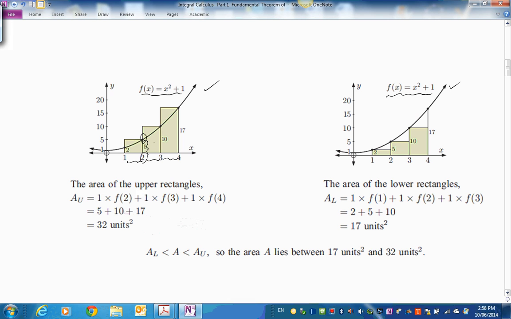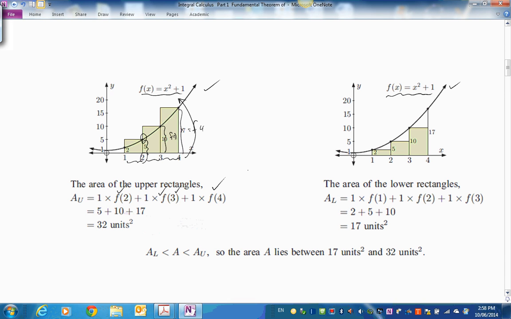So the area of that is 5 by 1. Now, the area of the next rectangle, which is above the line, is 1 by 10, which is f of 3. And then 1 times 17, which is f of 4. The height there is obtained by subbing 4 in the function.